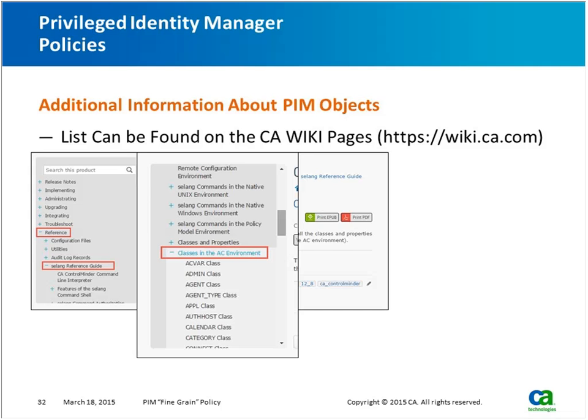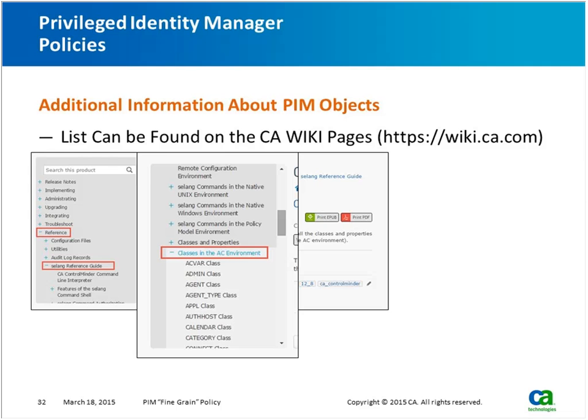You'll see there's an agent type, Apple, auth host, calendar, category. As you scroll down, I forgot how many different objects there are. I wanted to say something to the effect of 47, but I could be wrong. I know there are a lot of classes within PIM that manage different types of access or different types of objects on the server itself.